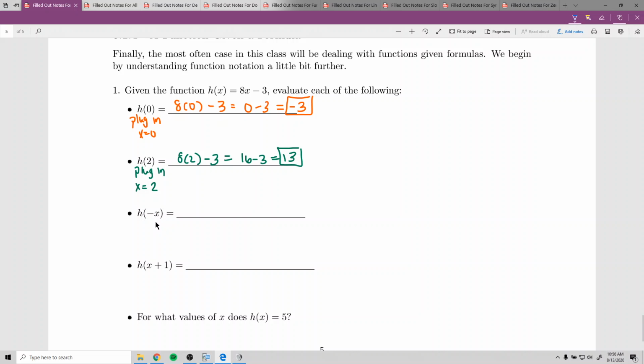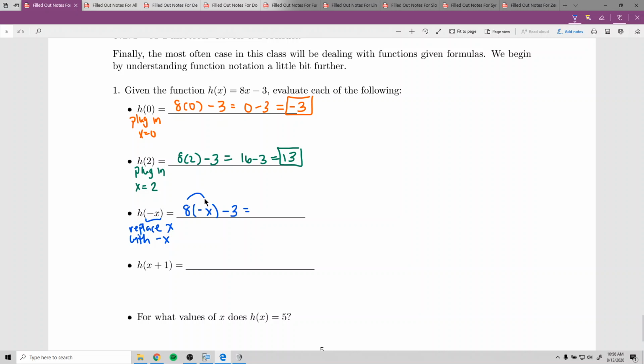So this next one says h of negative x. What this is saying, I like to think about replacing instead of plugging in when I have letters here. But you can also say plug in. What we want to do is replace x with negative x everywhere in our formula. So in place of x, we have 8x. I'm going to have 8 times negative x minus 3.